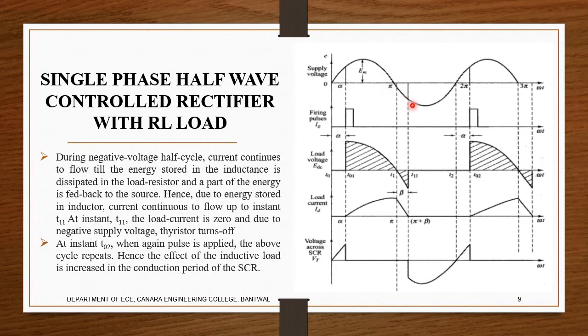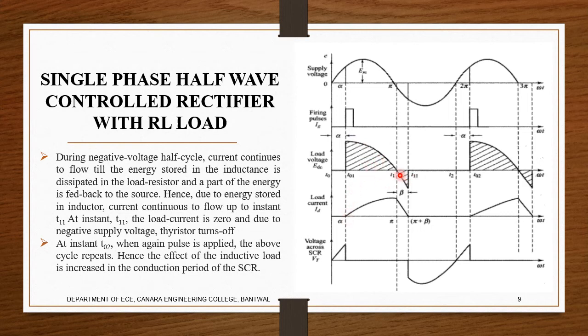When the supply has been given here, we get it triggered at this angle. At that time the thyristor starts to allow the load current and the voltage across it. So at this instant it will start. But what is happening in the current?